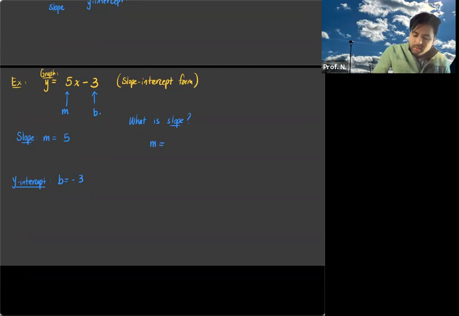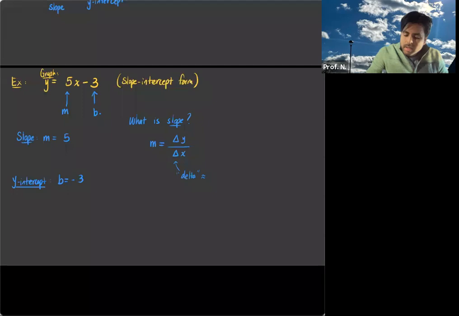It's the change in the y values over the change in the x values. This little triangle here is actually a Greek letter named delta. We use a lot of Greek letters in mathematics, and delta represents a change or a difference.